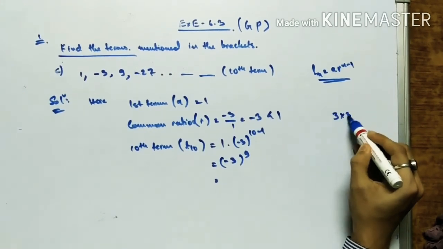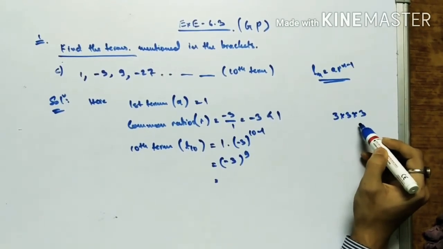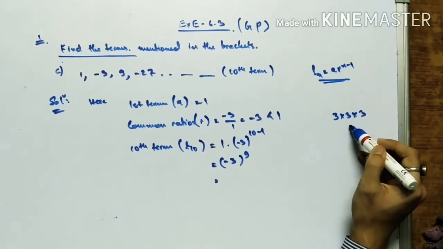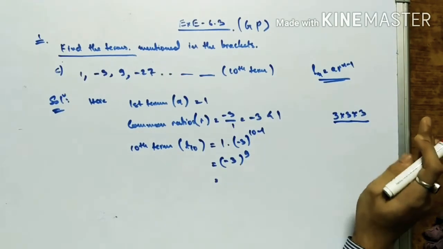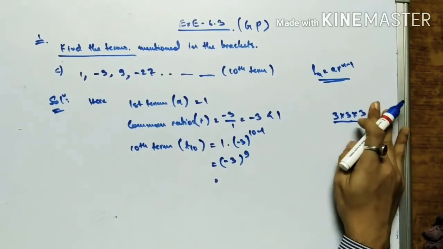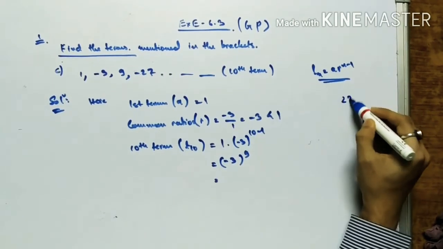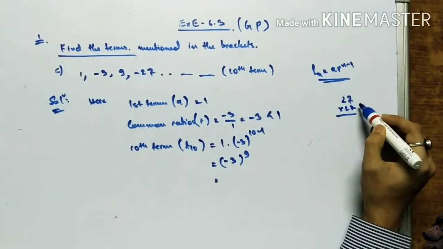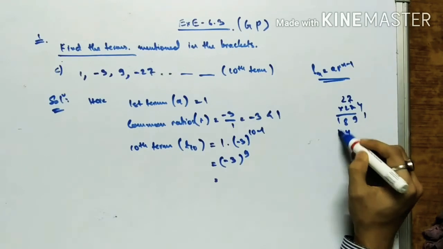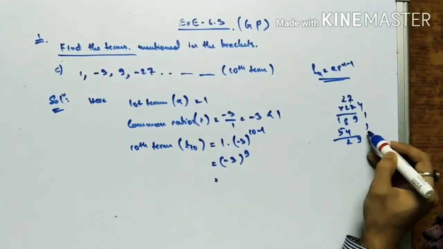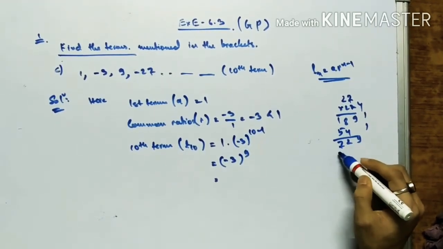3 to the power 9 is 3 into 3 into 3. 3 3s are 9, 9 3s are 27. 27 into 27, 7 7s are 49, 7 2s are 14, and so on, giving 729.